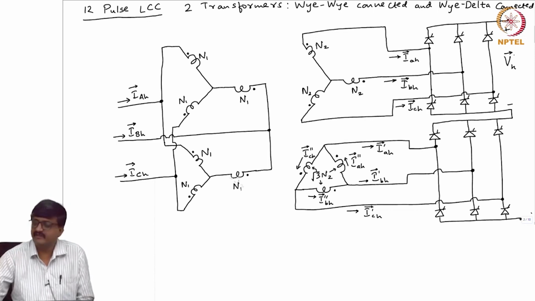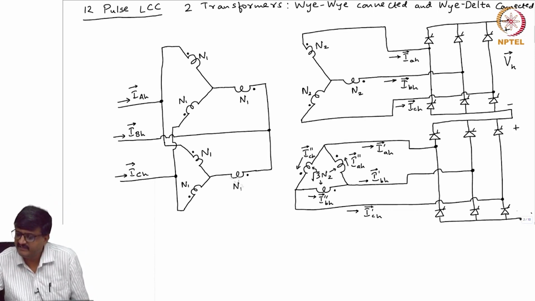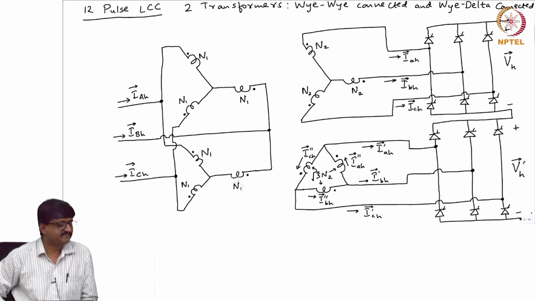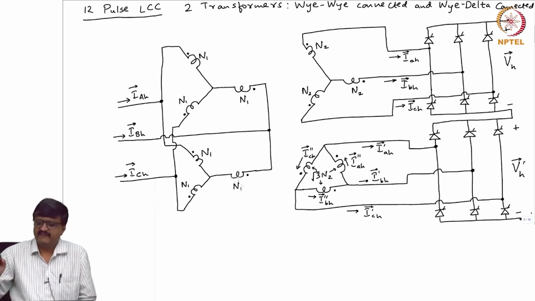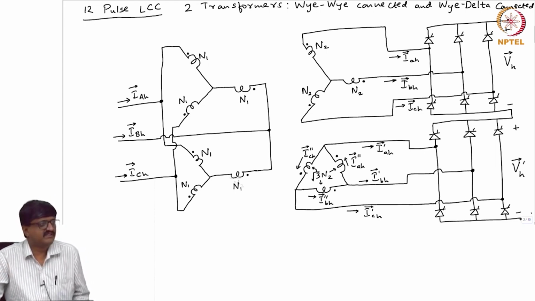So, I can represent it by a phasor. Similarly, for this 6 pulse LCC, I call the harmonic component VH prime. Okay. So, the definition of H is different for DC side and AC side, please note that. Is this clear? The definition of H is different for AC side and DC side, that is what is written here.